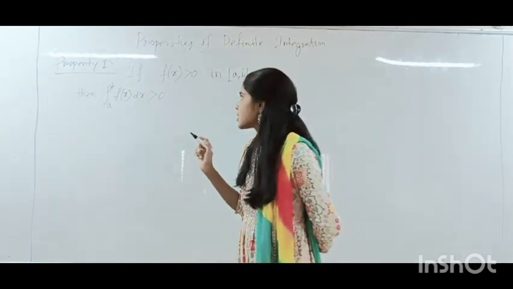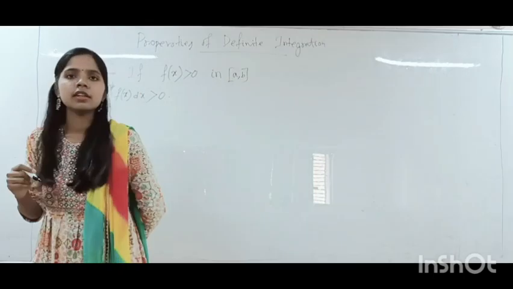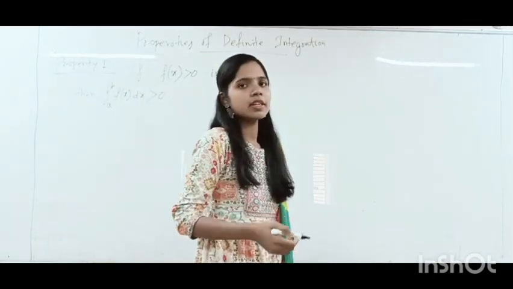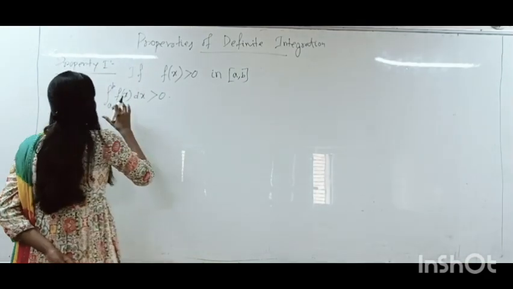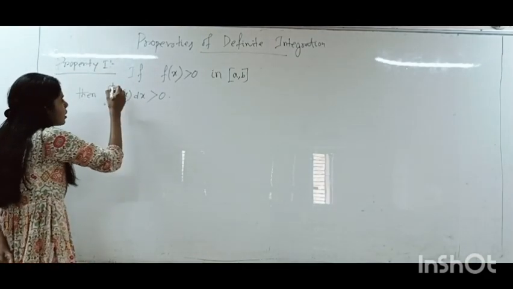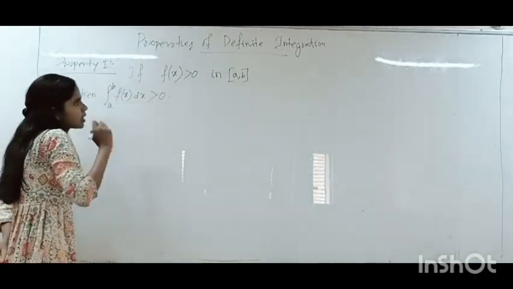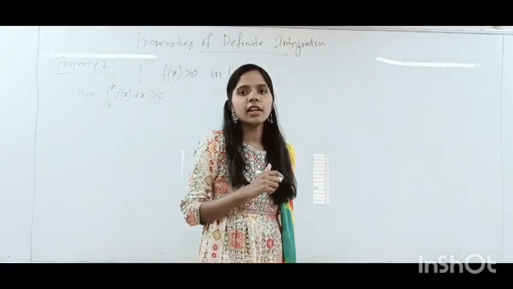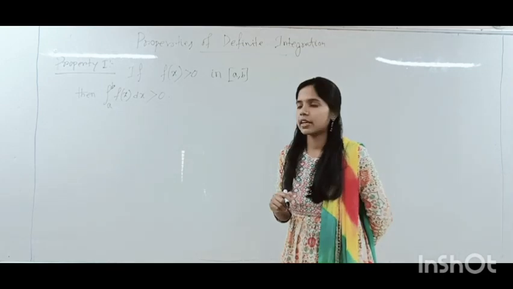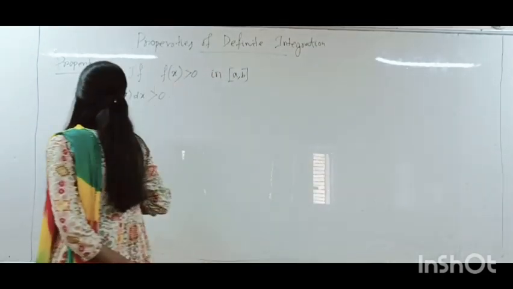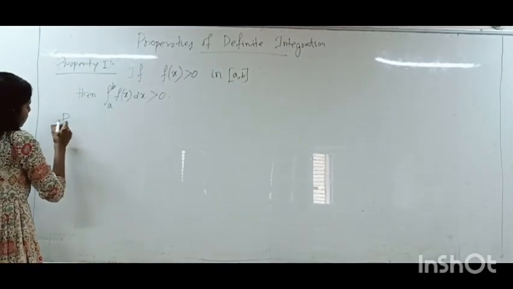But if f(x) is less than 0, then this is a sum. Integral basically is a sum, as we discussed. So this is the first property: f(x) greater than 0 in the closed interval [a, b], then integration a to b f(x) dx is greater than 0. We don't have to prove it, we already know it.